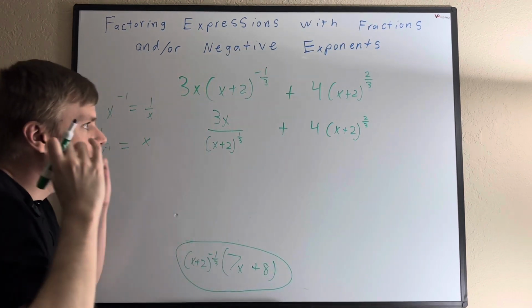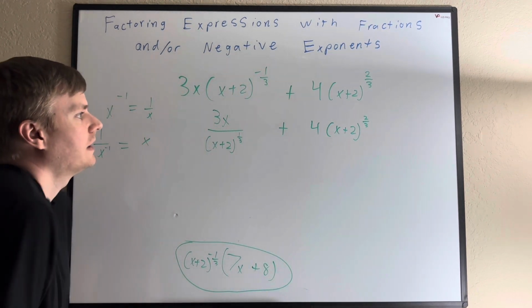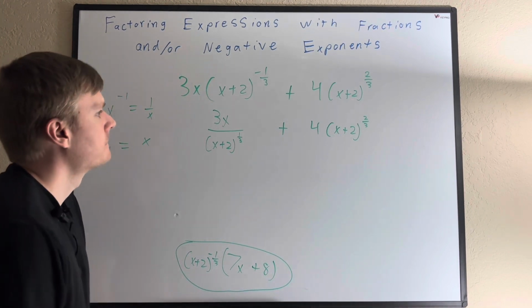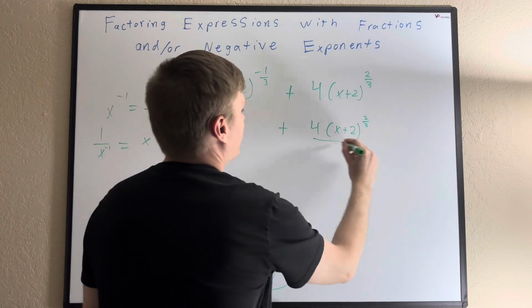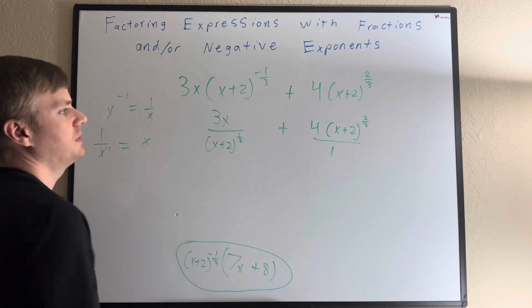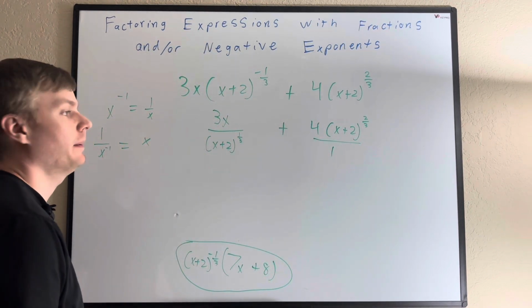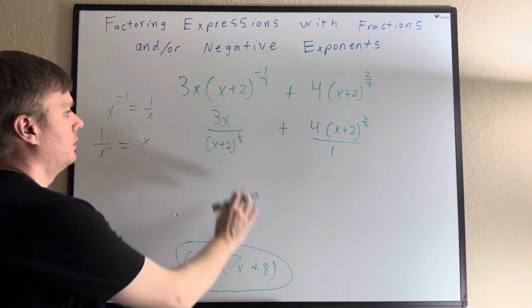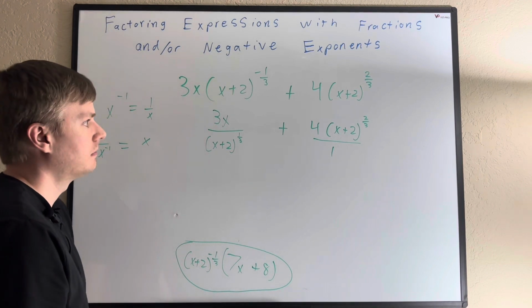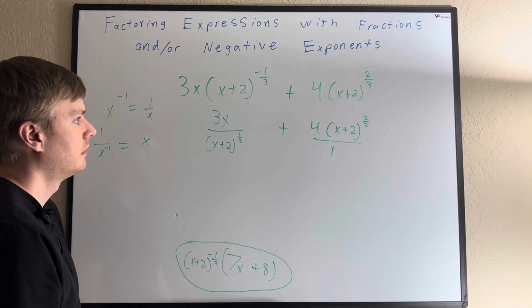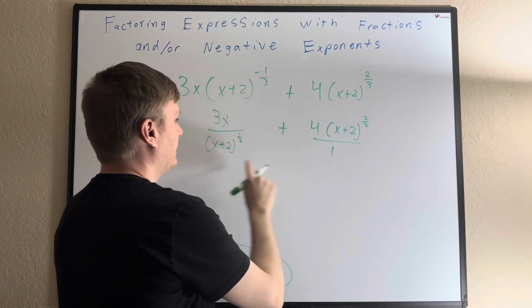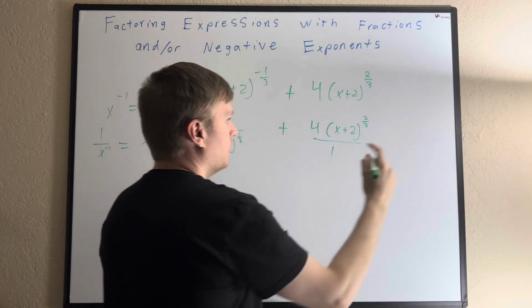Well, instead of thinking greatest common factor, now I'm thinking, you know what? I need a common denominator so that I can add these two fractions together. That's my problem right now. What's the common denominator? Well, x plus 2 to the 1/3. How do we do that? We multiply the number that we need to change the denominator of by 1.